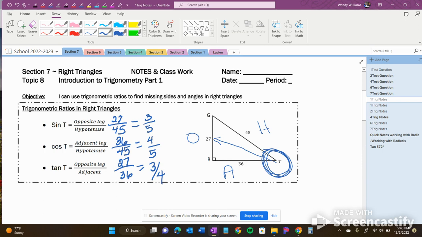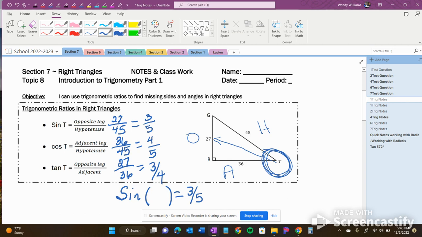And remember, these are just numbers. They're fractions. And the sine, cosine, and tangent will give you different numbers. However, when you go back to find the angle, you find that the angles are exactly the same for all three. And that kind of looks like this. Sine of some angle equals 3 over 5.